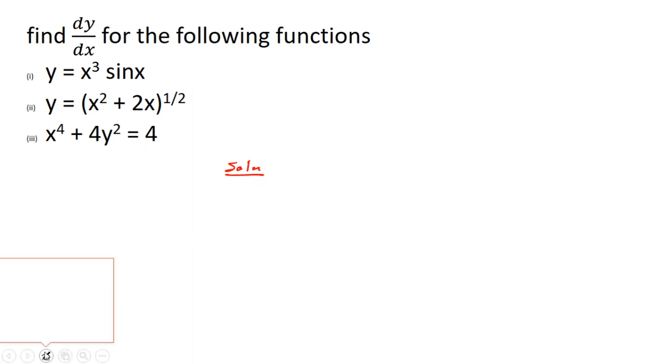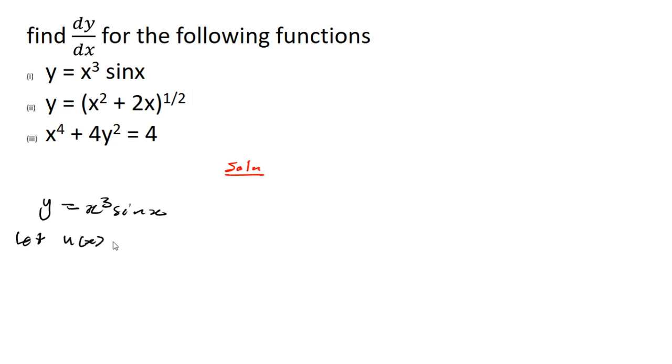Okay, so if you look at the first part, which is y is equal to x cubed sine x, this question is having two parts. You can say let u of x be equal to x cubed, and let v of x be equal to sine x.